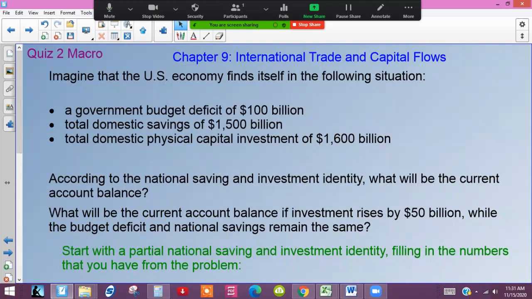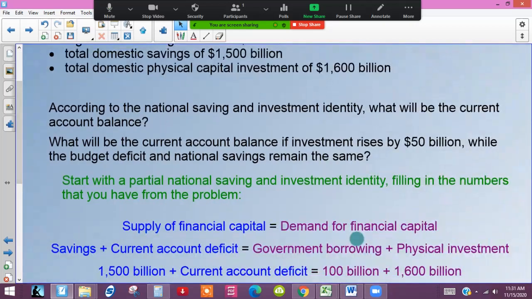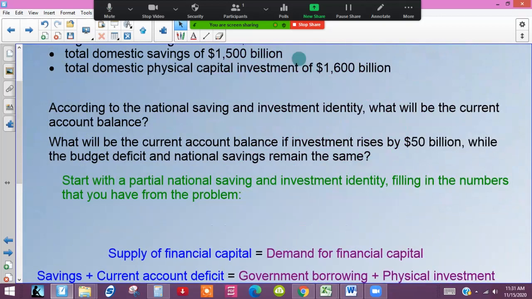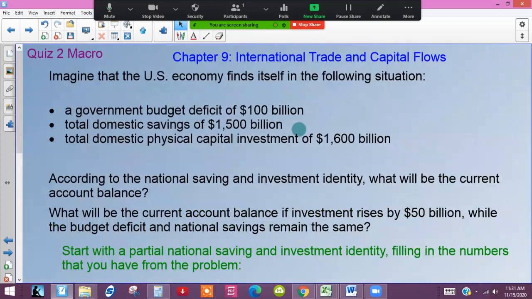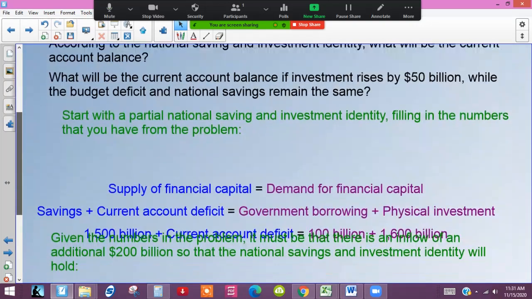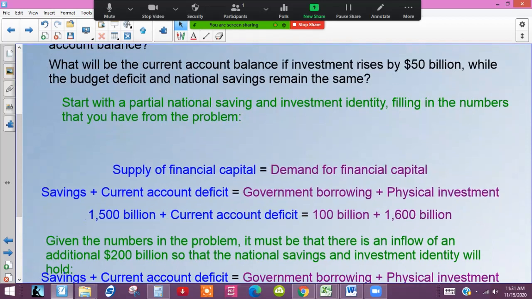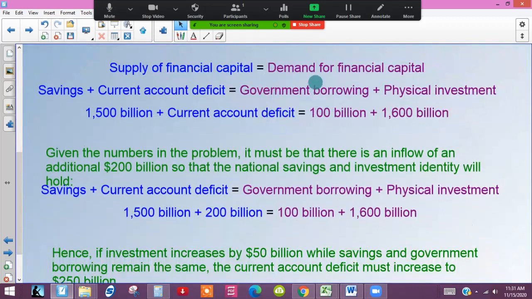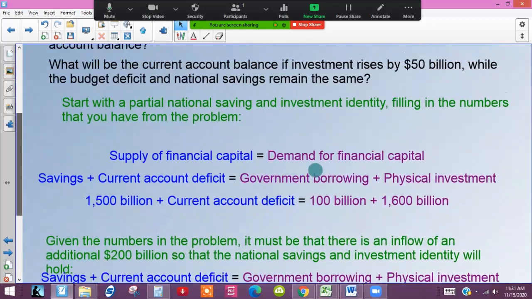because if we're saying that the government budget deficit is 100 billion, we make the assumption, and this has to be true, that in order to make up for this deficit, the government, and I did it again, I should just leave this guy up here. Anyway, when we have a deficit, we assume that the government is going to borrow the money in order to make up this $100 billion deficit. So we put that in here as a government borrowing of 100 billion right here, okay? That's because the government is demanding, right?